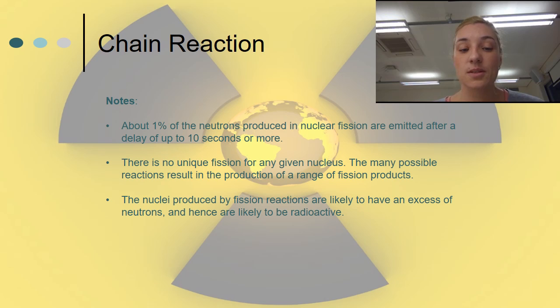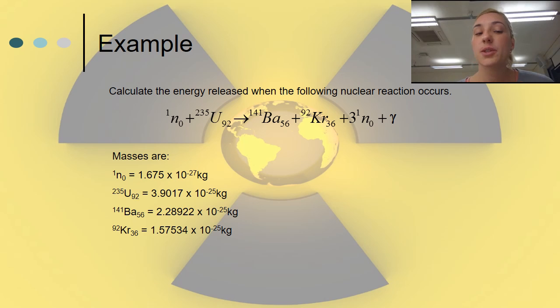The nuclei produced by fission are likely to have an excess of neutrons, so they're going to be on the high part of our Z versus A graph, so they're going to undergo a series of beta decays. They're going to be radioactive, producing beta particles and also gamma rays, for a little while until they find their stable isotopes.